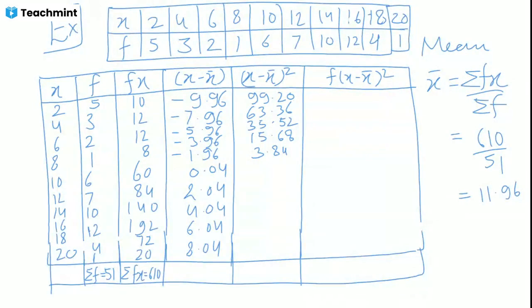And again, just multiply 0.04 into 0.04. So we have 0.0016. 2.04 into 2.04, we have 4.1616.